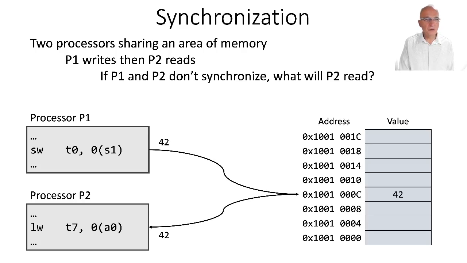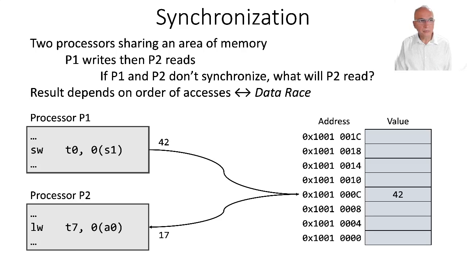P2 may get 42. However, it may be that P2 does the read first. In this case, P2 gets 17, and after that, P1 writes 42. If I do not synchronize, it means that either of those values is okay with my program. So the result depends on the order of the access between the processors P1 and P2.